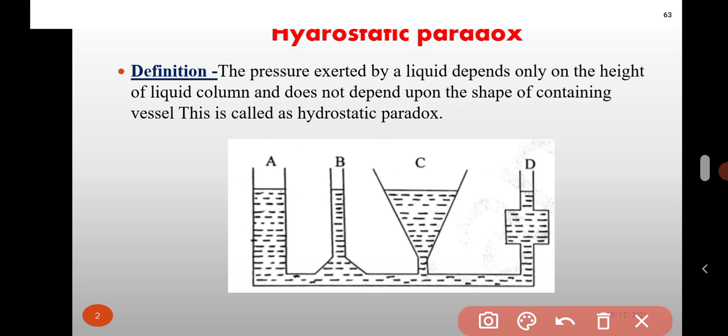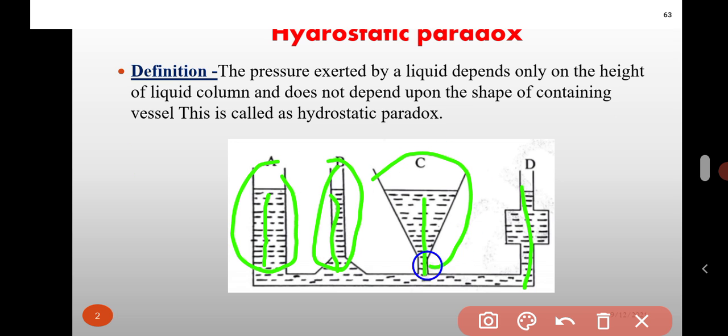Pressure exerted by a liquid depends only on the height of that liquid column, and it does not depend on the shape of that liquid column, meaning how much shape we use of that containing vessel.